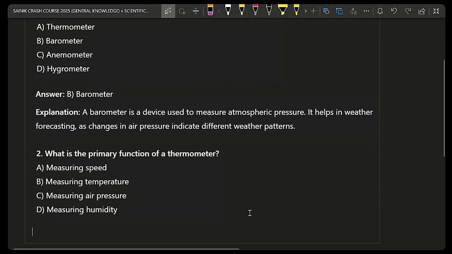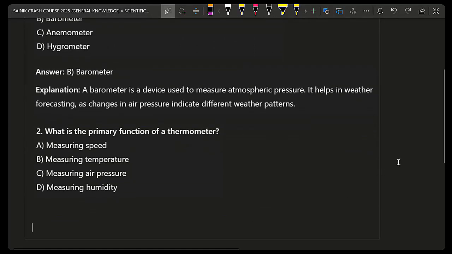Here is the next question. What is the primary function of a thermometer? Option A, measuring speed. Option B, measuring temperature. Option C, measuring air pressure. Option D, measuring humidity.